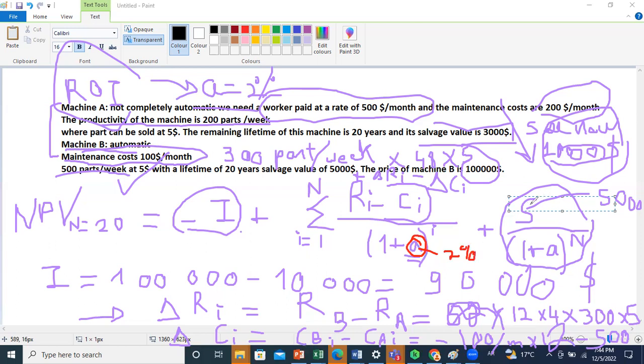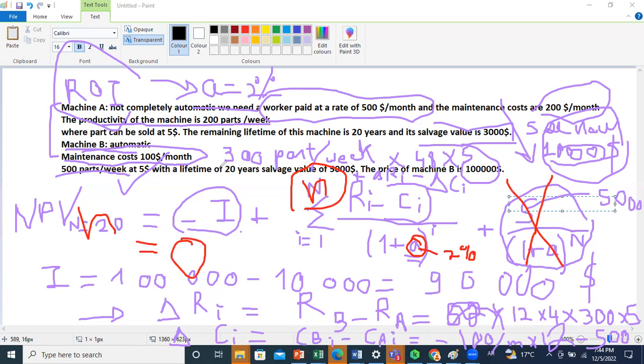Okay. Now for the salvage value of machine B, I will subtract it, because now I am not at the end of lifetime. I am doing the analysis during the lifetime. And now I should solve for the payback period. I should solve for N. So what will change in my formula is that NPV at year N is equal to 0.